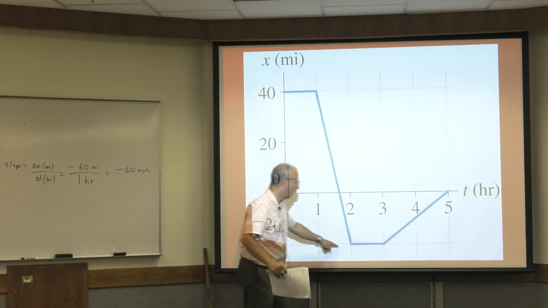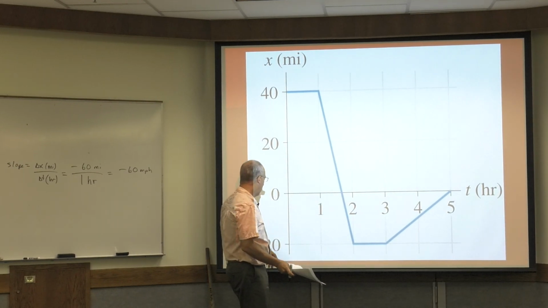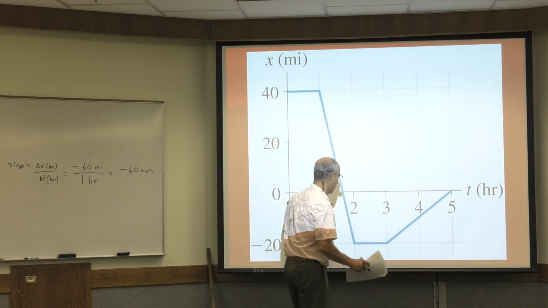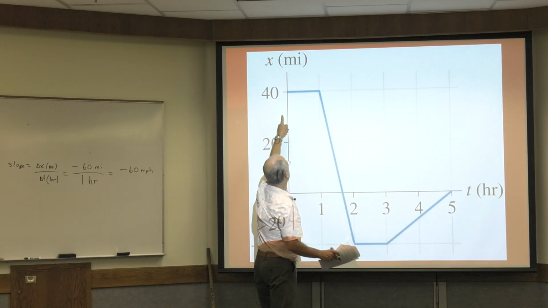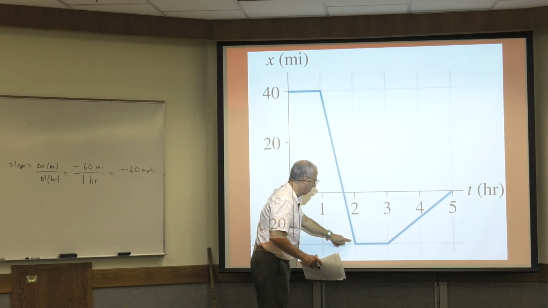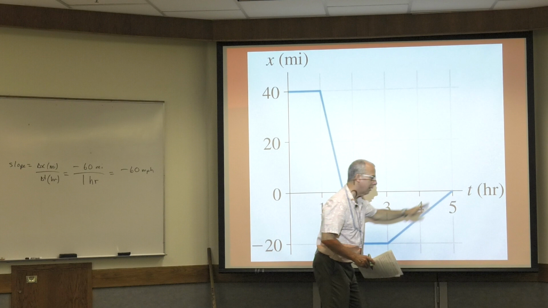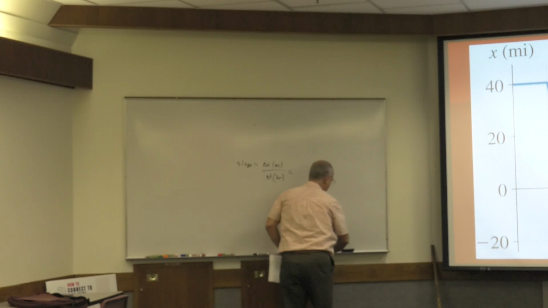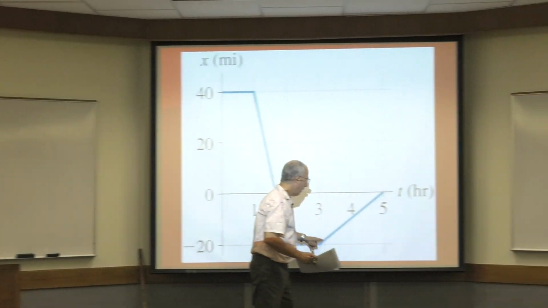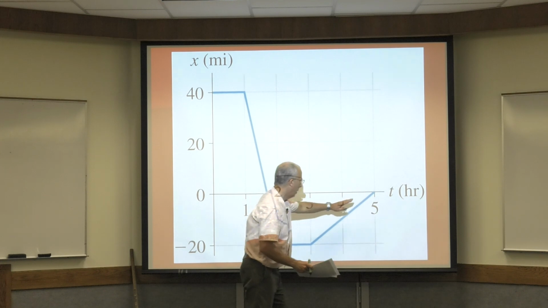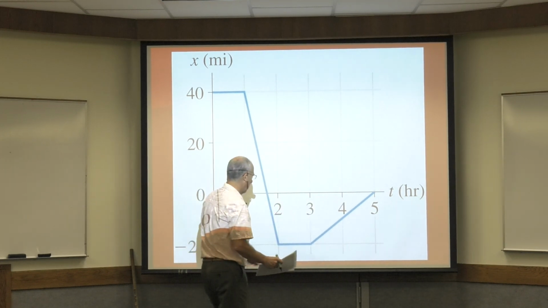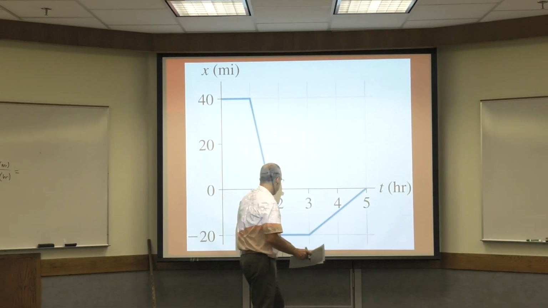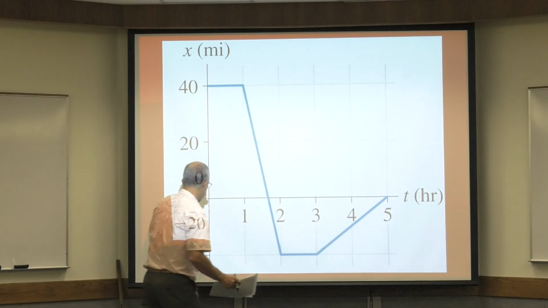What's happening here? The slope is 0, and it makes sense because the position is not changing over this hour. What's the slope here? It's positive. So we want from here to here; this is final, this is initial. What's the change in position? 0 miles, that's the final, minus a minus 20.